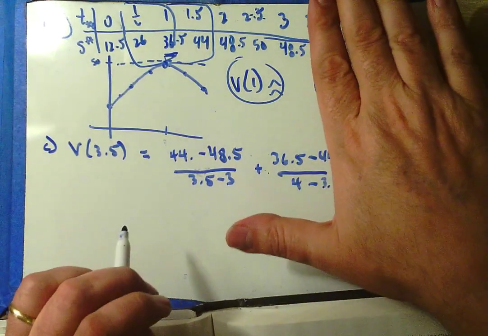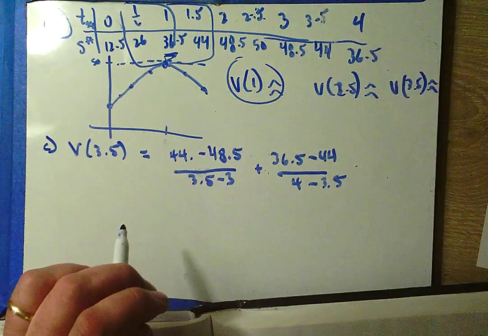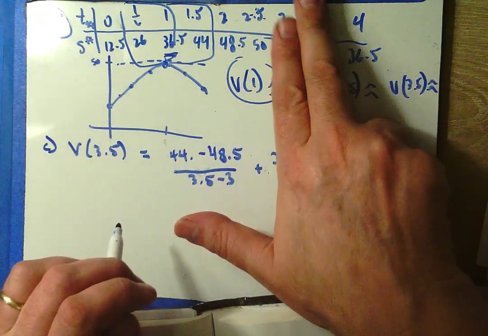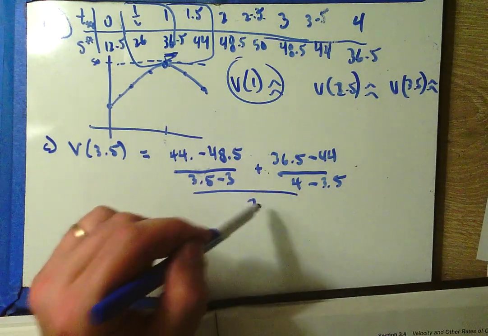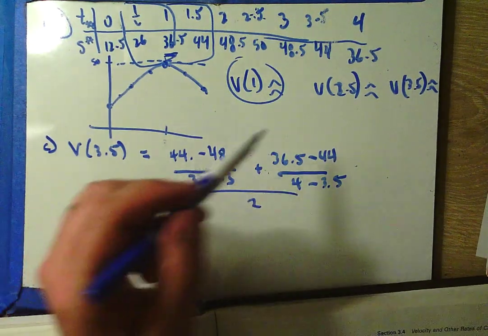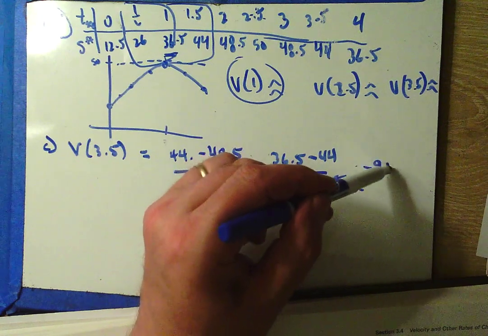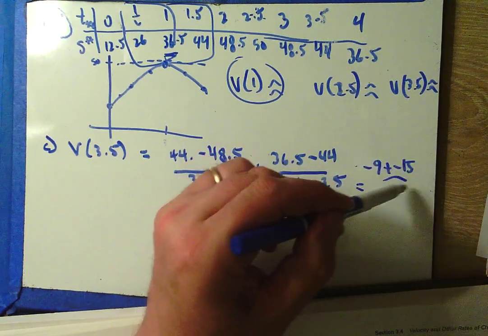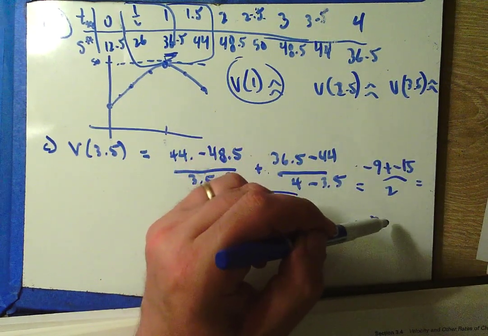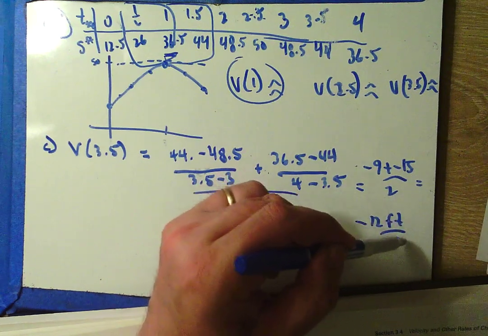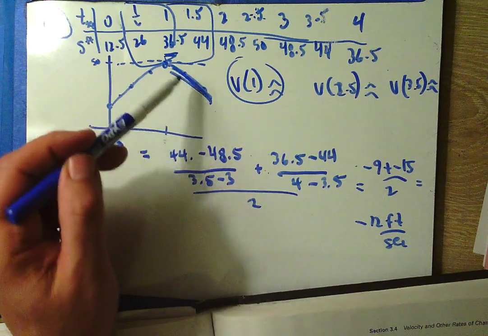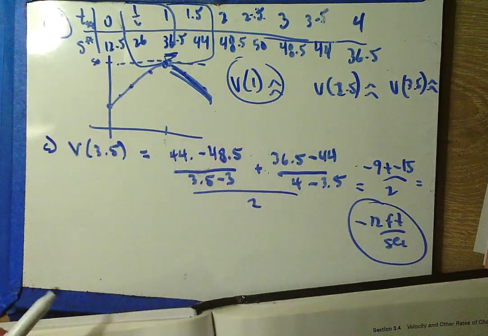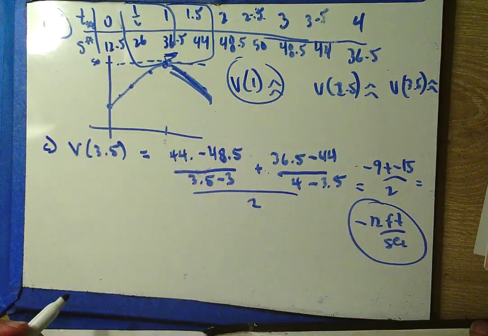So I'm finding the average velocity here, and the average velocity here, adding those two average velocities together and dividing by 2. When I did this, I got negative 9 plus negative 15 over 2, which is negative 12 feet per second. We're going down. The slope here is on average negative 12 feet per second. Okay, that was number 5.